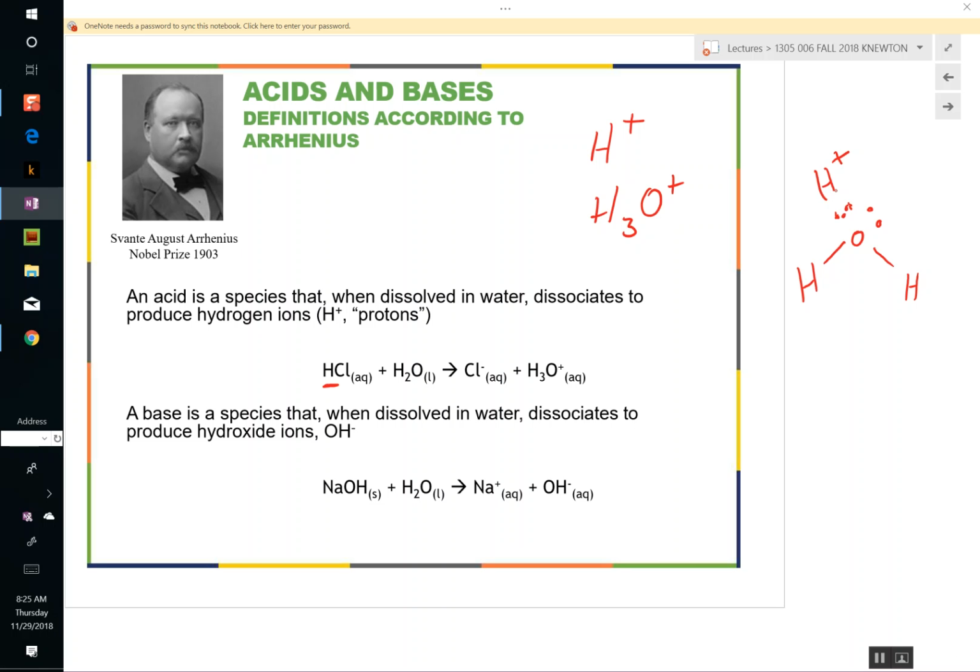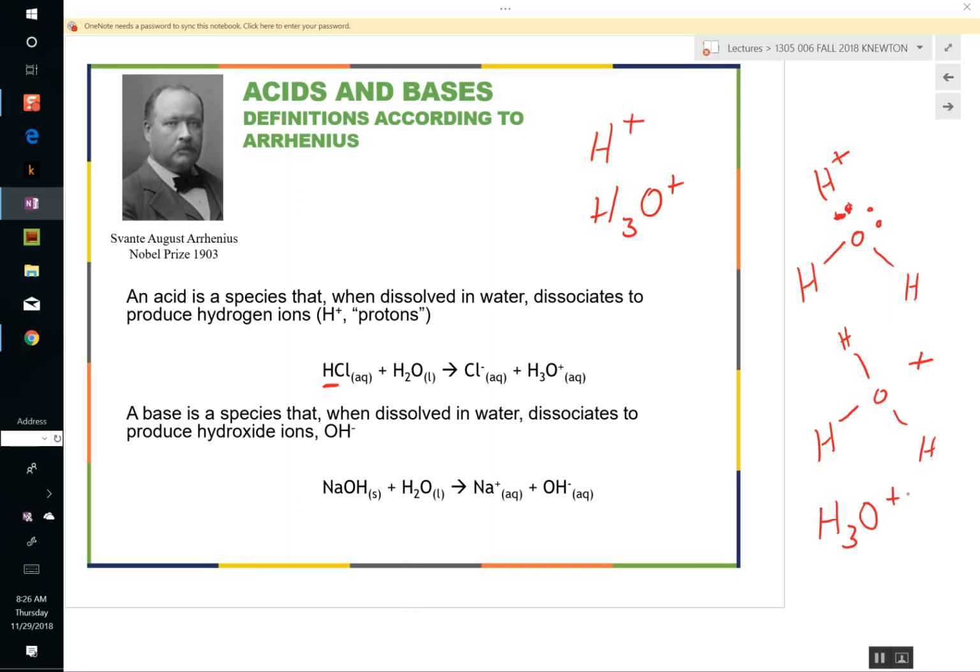The hydrogen atom minus its electron is a proton. It's a subatomic particle, basically. And it's positively charged, so it comes in next to here, and you have something like this now, but it has a positive charge on it. Okay, and that is the H3O plus, or hydronium ion, floating around in the water.